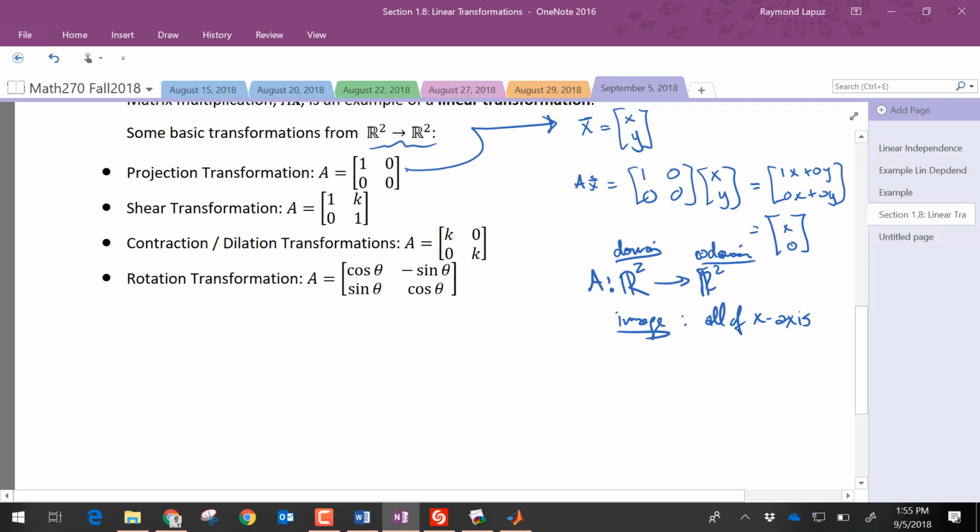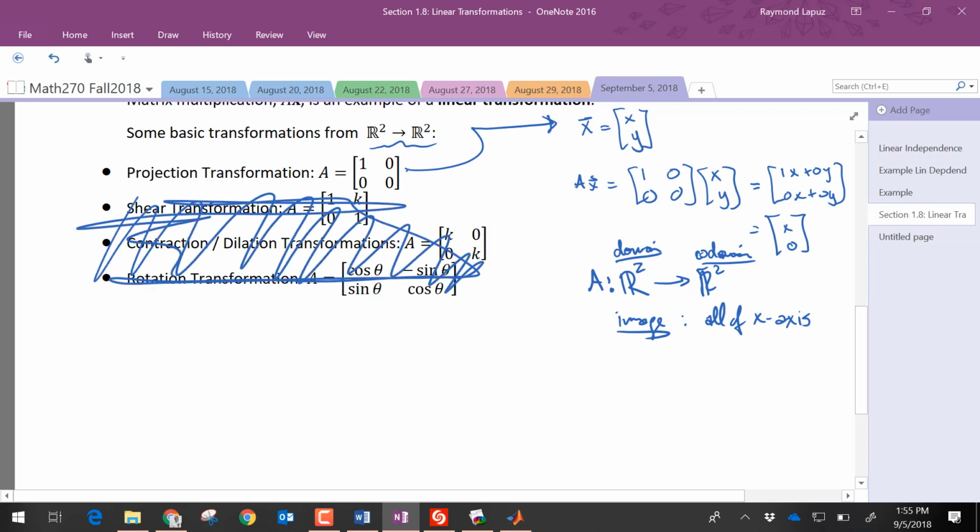And the way to do that is to show that if we add two vectors, then our result would be the transformation of those two vectors. So let's take all these out for now. We'll come back and do more examples of these actual transformations.